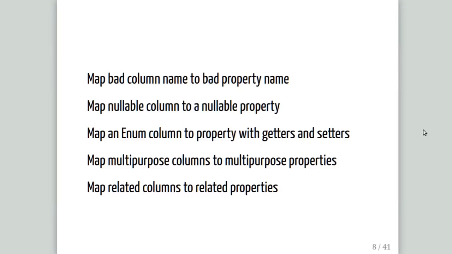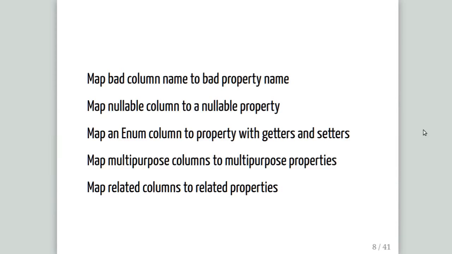Let's continue. So we want to talk about a couple of anti-patterns, or let's say mistakes, that we make, which is mapping a bad column name to a bad property name. When I have a column that has a bad name, I don't necessarily map it to a bad property name. A nullable column at the database level doesn't necessarily have to be nullable in my code.